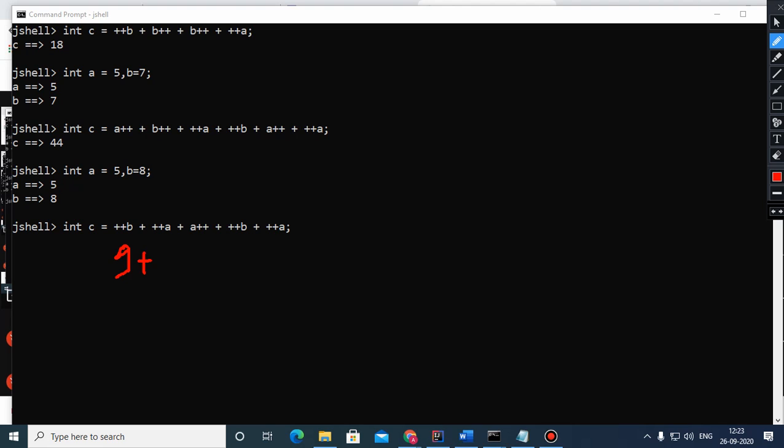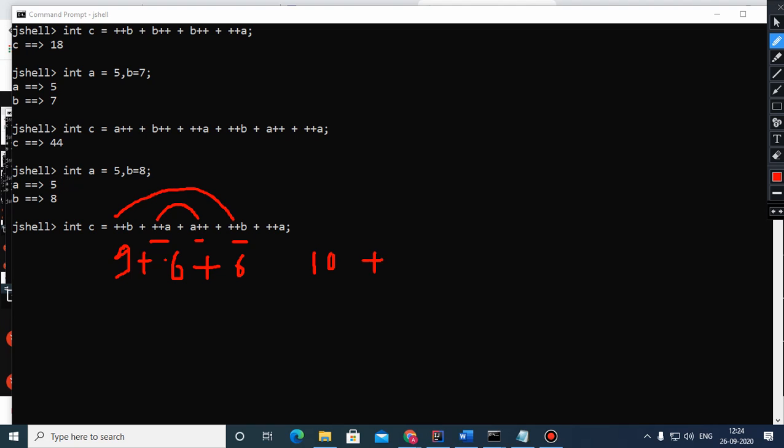And here also after 2 steps, it is plus plus B. When control transfers, it is 9 only. When it reaches here, it is 11. Sorry, 10. And what happens? It is plus plus A. So the value is 6. And when control is transferred, it is 6.